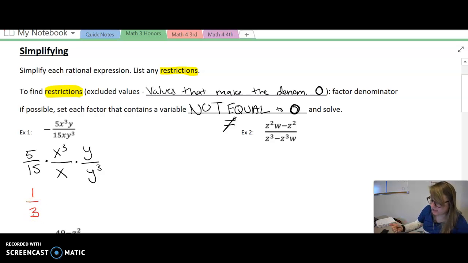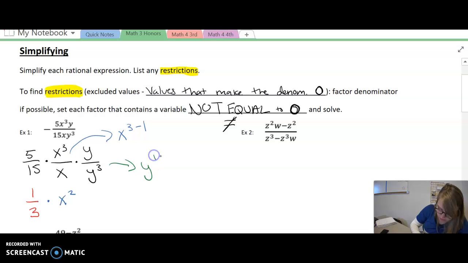Then when we have x to the third over x, we are subtracting the exponents, so x to the third minus 1 turns into x squared. The same thing happens for y over y to the third: we have y to the 1 minus 3, so we have y to the negative second.